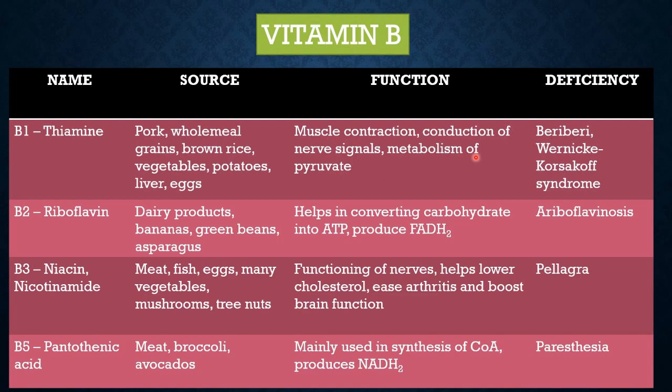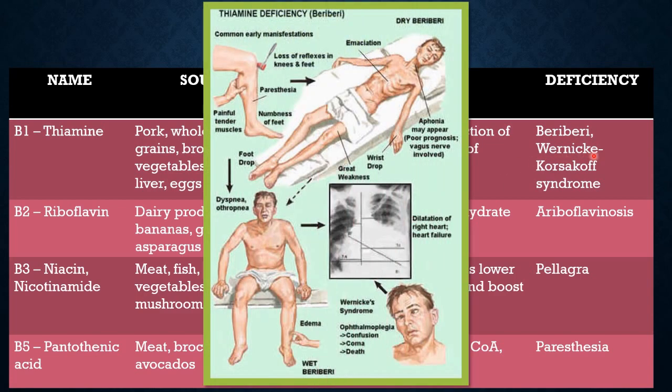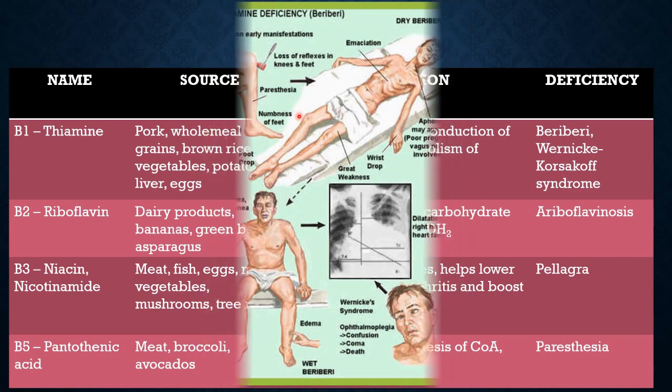The deficiency of thiamine leads to a disease called beriberi and Wernicke-Korsakoff syndrome. Beriberi, what is beriberi? It is a weakness and pains in limbs and it affects the heart and circulatory system. You can see thiamine deficiency leads to weakening of muscles and heart.